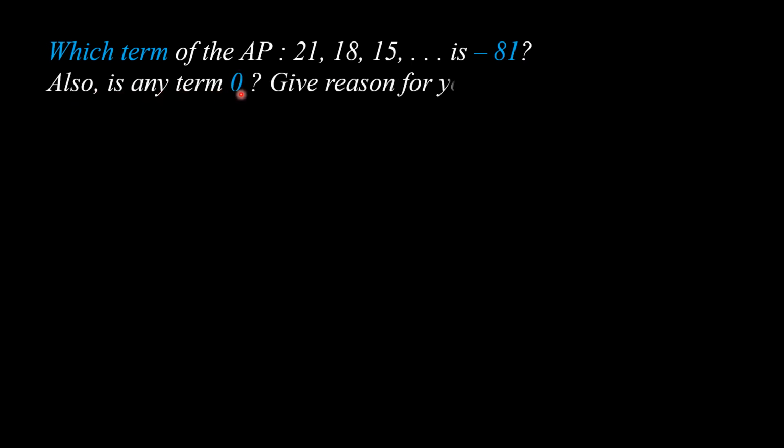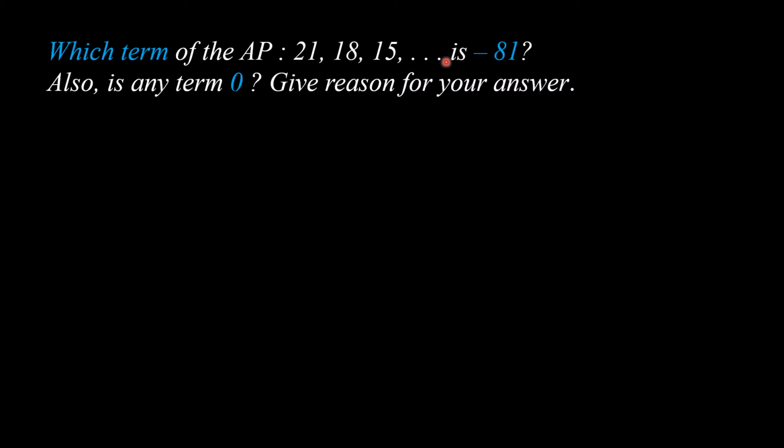Which term of the AP 21, 18, 15, and so on and so forth is minus 81? Also, is any term 0? Give reason for your answer. Now here we have to find the position in which minus 81 is placed in this AP.